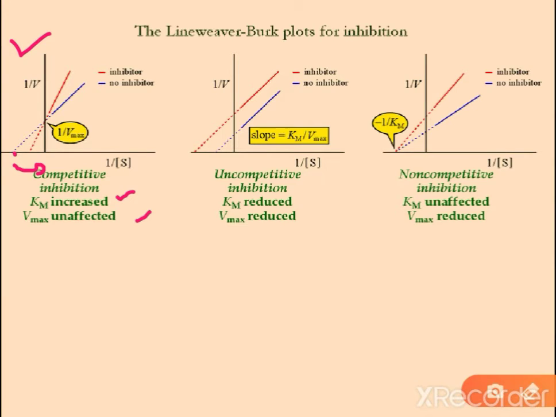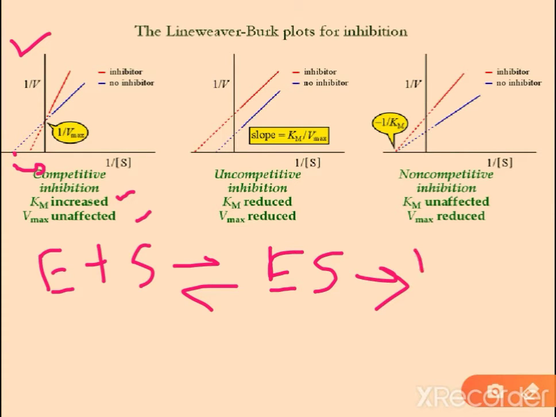Okay. The inhibitor competes with the substrate for the active site of enzyme. That means the inhibitors bind with the enzyme at their active site. Once the inhibitor binds with the enzyme, then they form the enzyme inhibitor complex. I can write here the equation: enzyme plus substrate produce the enzyme substrate complex and then produce enzyme and product.